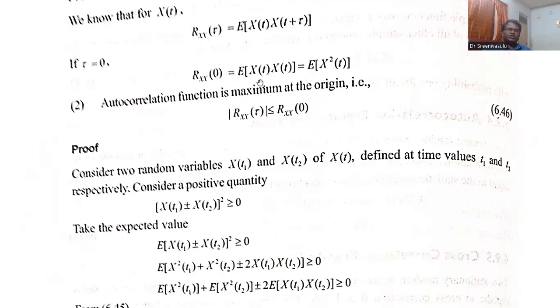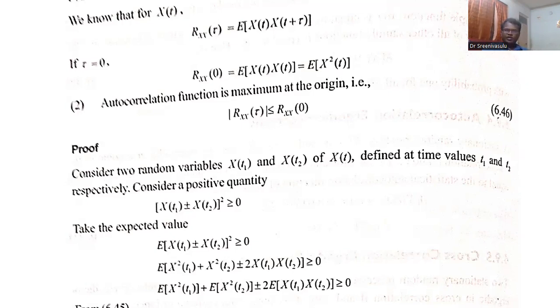Rxx of 0 is equal to expected value of x of t into x of t, so we get expected value of x square of t. So, the autocorrelation function at tau is equal to 0 is nothing but the mean square value of that random process. It is the first property.